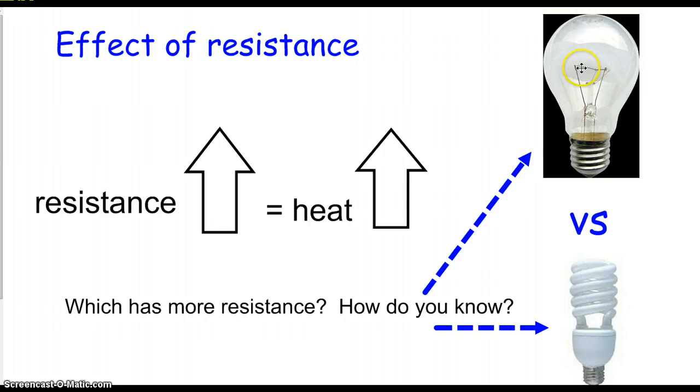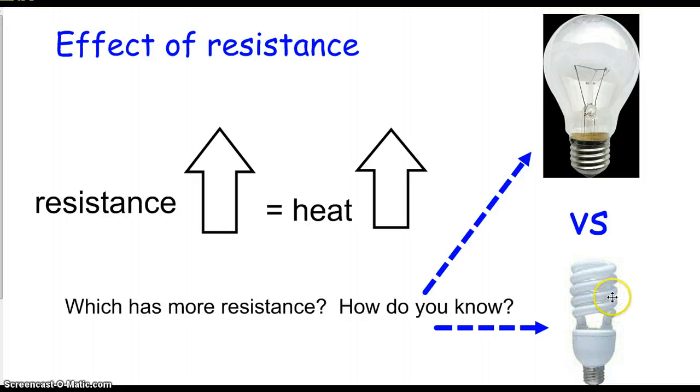So there's a lot of resistance here. And since there's a lot of resistance, there's a lot of heat that is given off. If you've ever touched one of these light bulbs after it's been on for more than like 10 seconds, it's pretty hot.